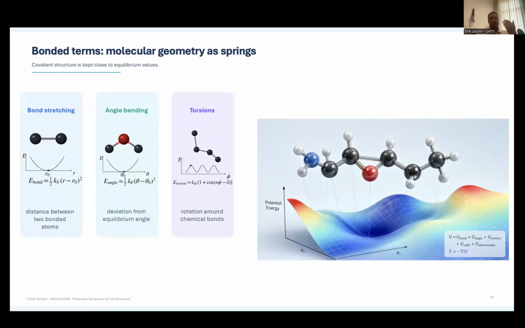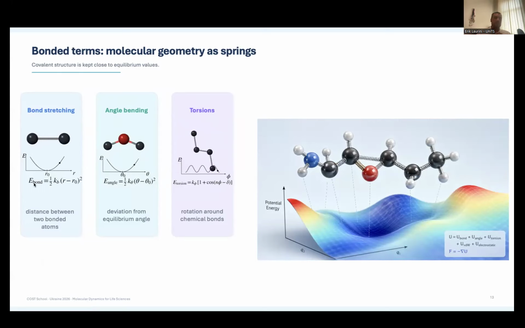For example, about the geometric aspect, I put here the three different energies: bond stretching, angle bending, and torsion. And look at that. The basic approximation is that atoms are rigid spheres connected to each other by springs.